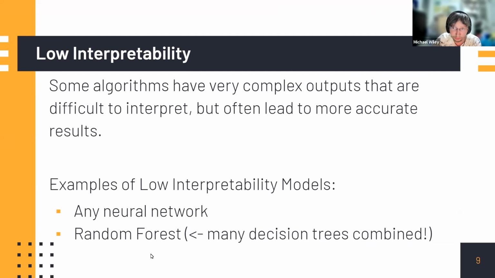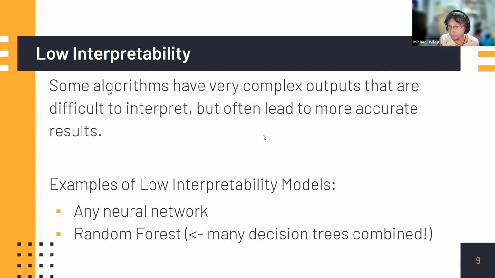The reason I'm drawing attention to the random forest model is that it actually takes a bunch of decision trees and combines them somehow. And of course, we know that the decision tree is a very interpretable model. So you can actually take a number of interpretable models and produce a higher accuracy but less interpretable output.